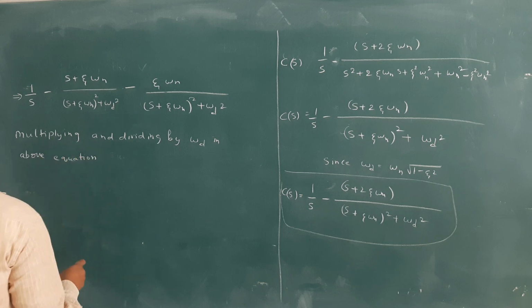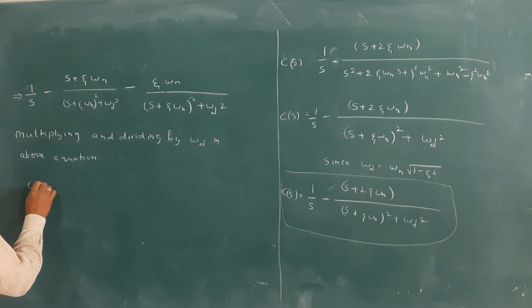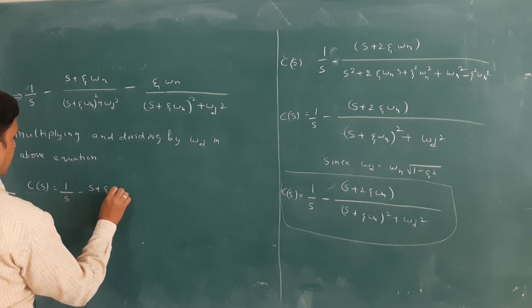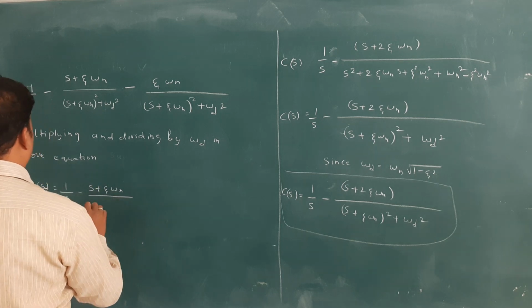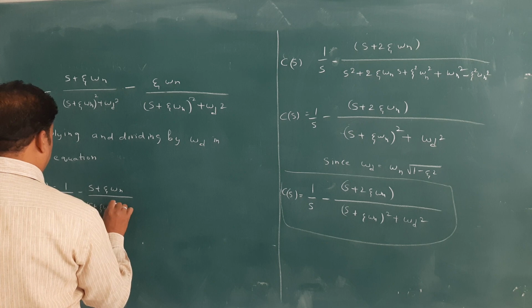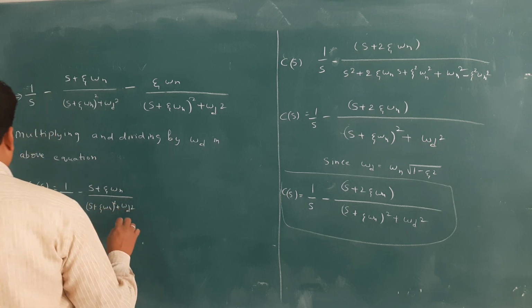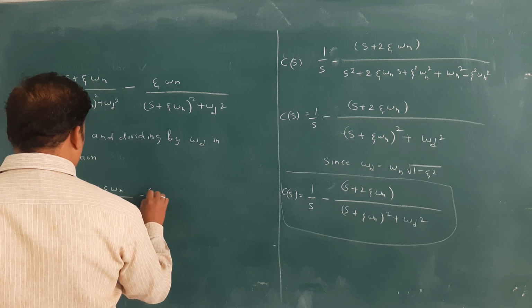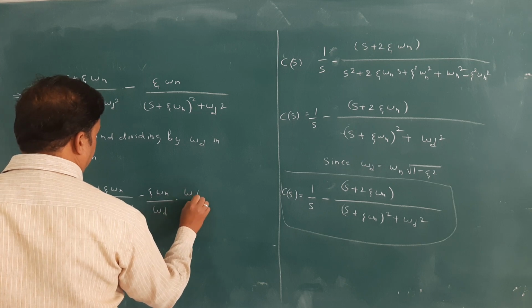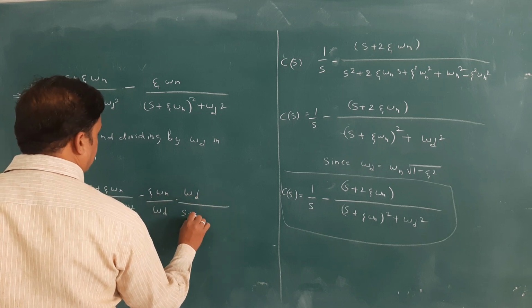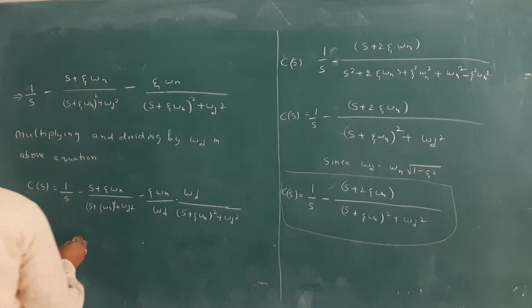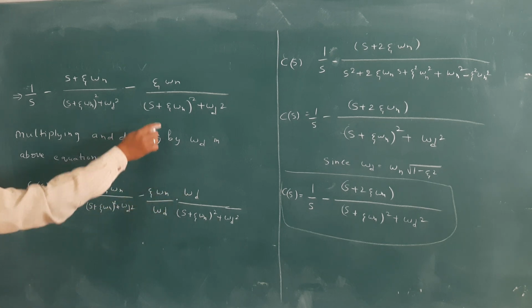If you multiply and divide, C of s is equal to 1 by s minus (s plus zeta omega n) divided by ((s plus zeta omega n) whole square plus omega d square) minus zeta omega n by omega d. We are multiplying and dividing omega d divided by (s plus zeta omega n) whole square plus omega d square. Okay, this we are multiplying and dividing by omega d for this equation.